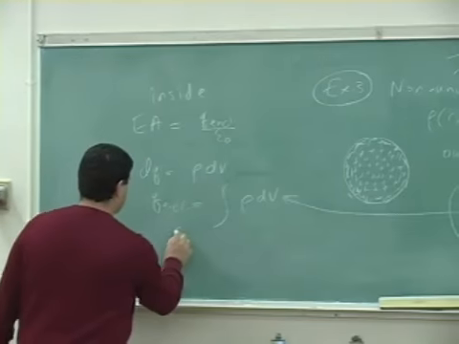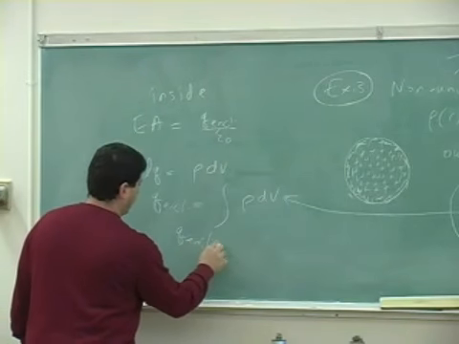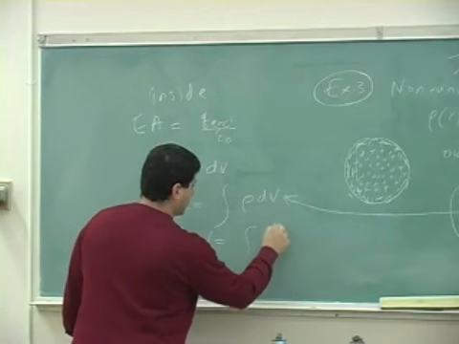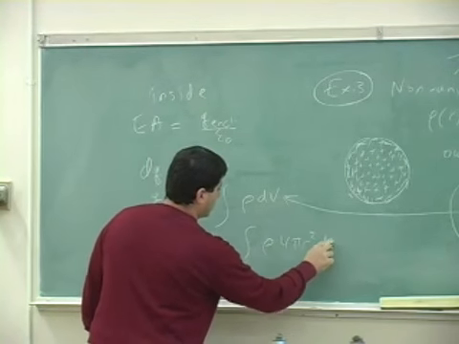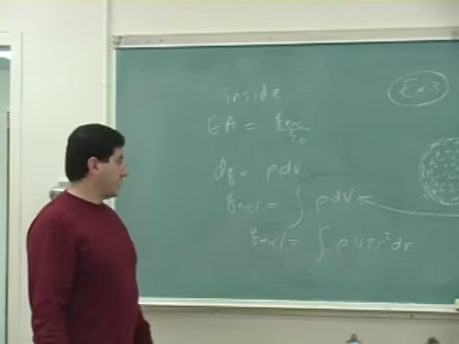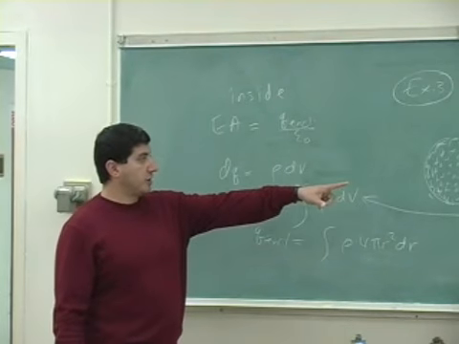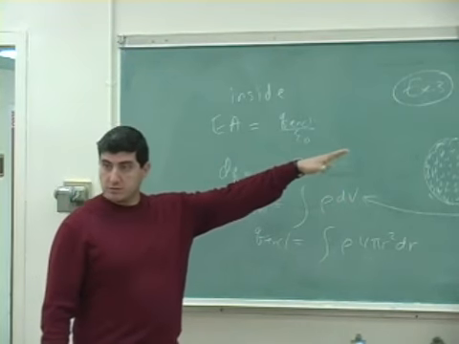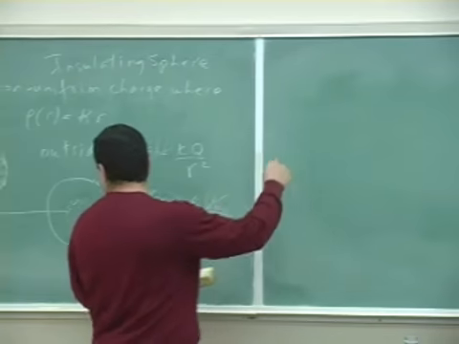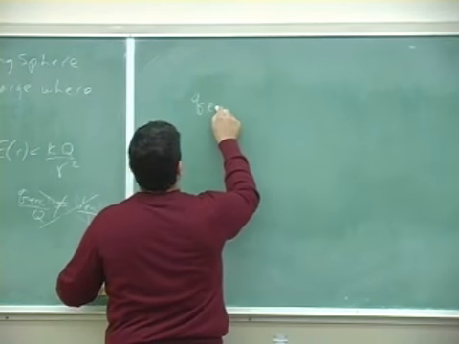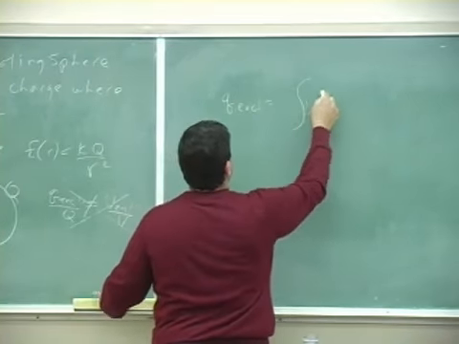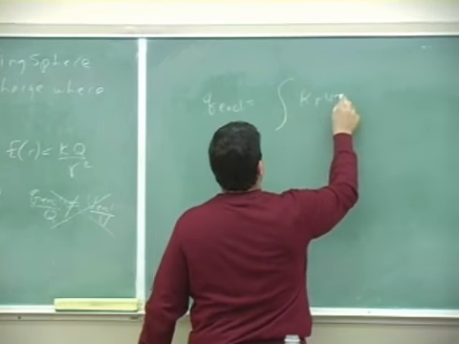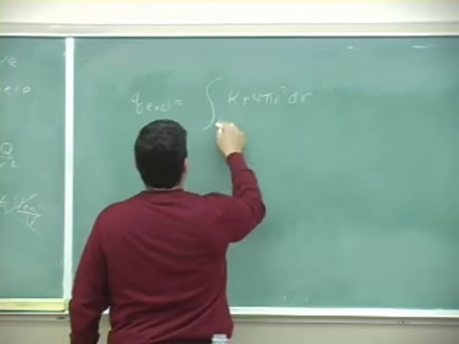So 4 pi r squared dr is the volume of a spherical shell. And then rho is equal to kappa r, linearly proportional. So I get Q enclosed is equal to the integral of kappa r times 4 pi r squared dr from 0 to little r.